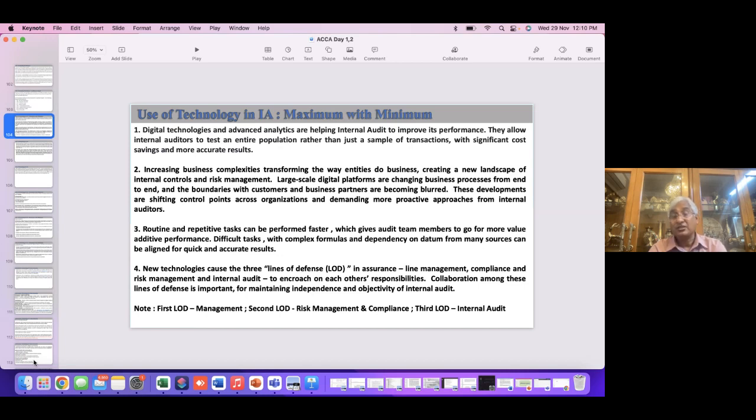It's again a routine task to provide the bills liability, which gives audit team members the chance to go for more value-additive performance in the case of audit. Because if this bill processing system is this, then they can take the entire data and see on a test basis whether the supplies are made at the time mentioned in the order or floated through the app.